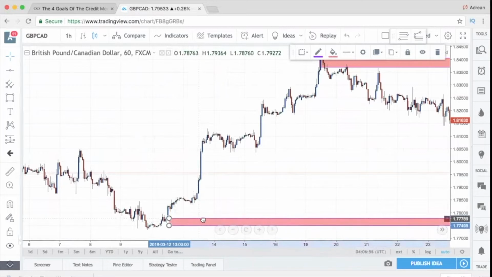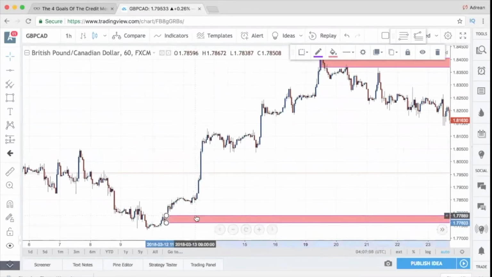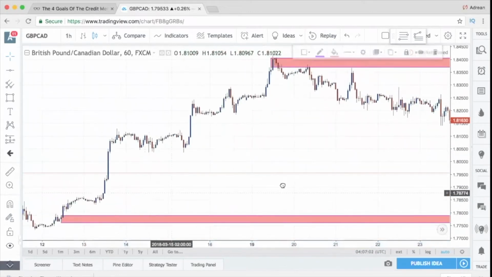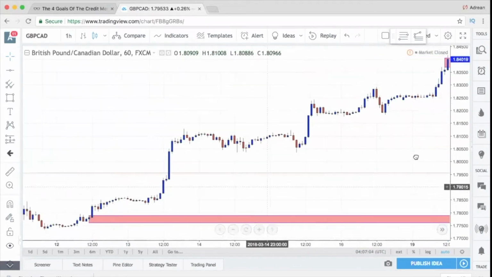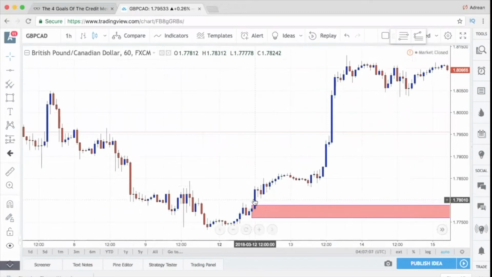I normally like to look for a breakout candle, like this one right here. Let me zoom in. See how we had this big blue engulfing candlestick, a bearish candlestick, going to the upside, and as soon as it did, it just shot off.